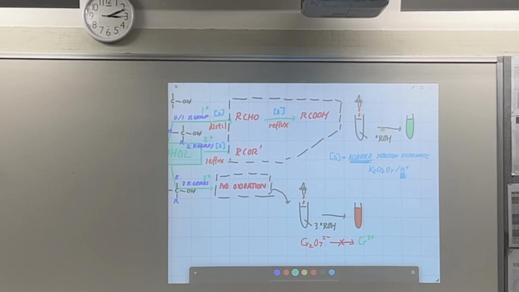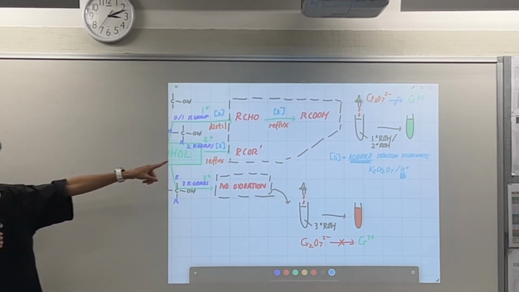And in here, this is primary or secondary alcohol. When you add the oxidizing agent into it, now the oxidizing agent can go forward and become Cr3+. Okay? That's alcohol.